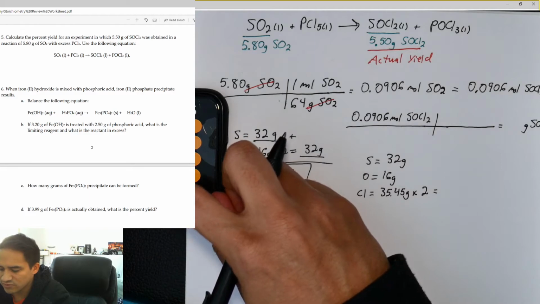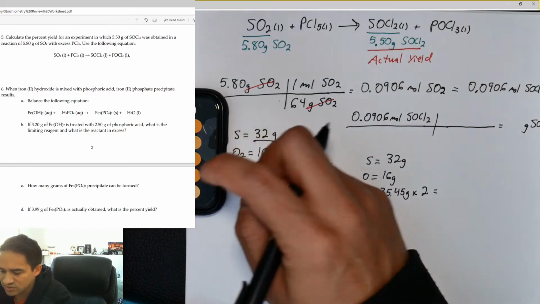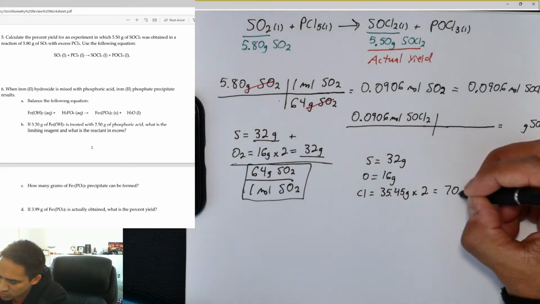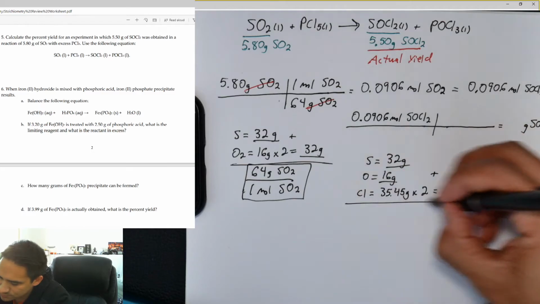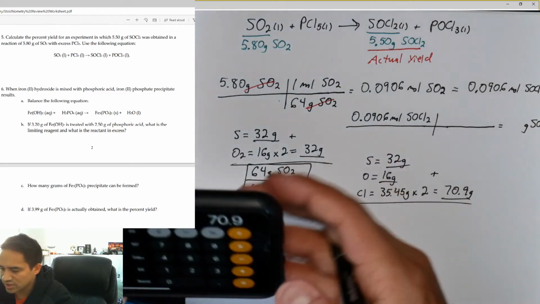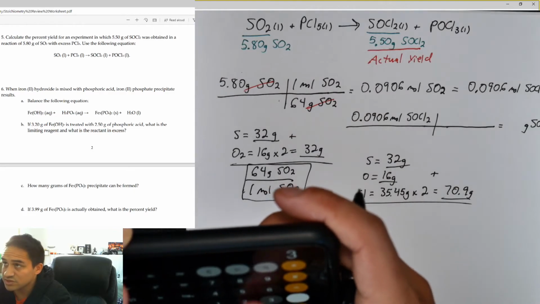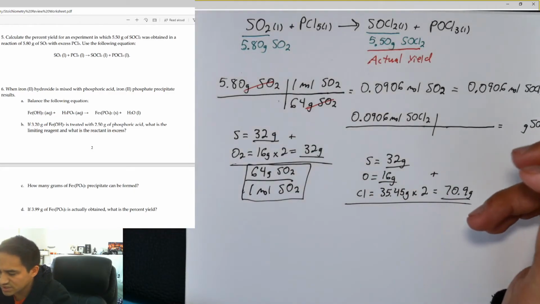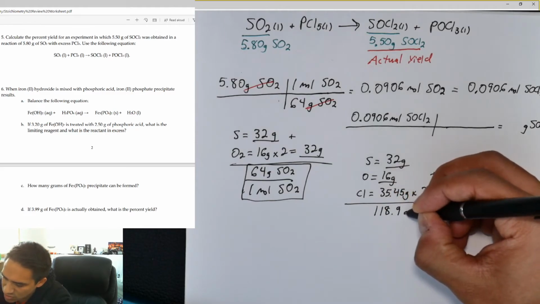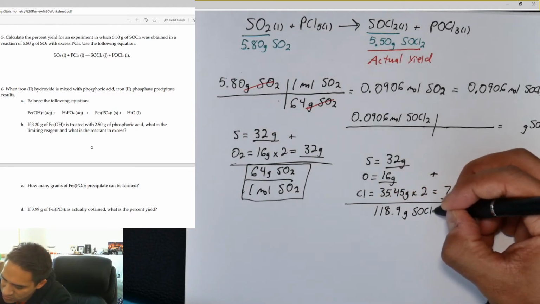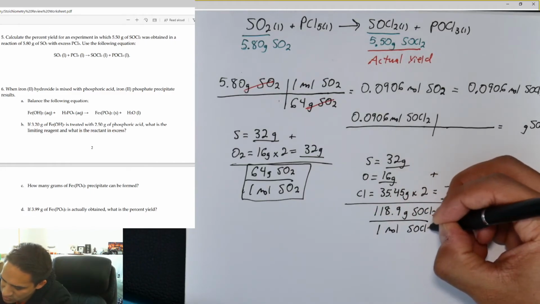So 35.45 times 2, and I get 70.9 grams. All right, so let's then add all those together. So 70.9 plus 16 plus 32, I get 118.9. So 118.9 grams of SOCl2 per 1 mole of SOCl2.